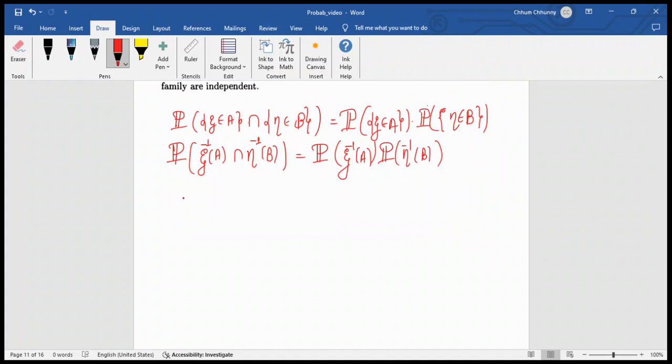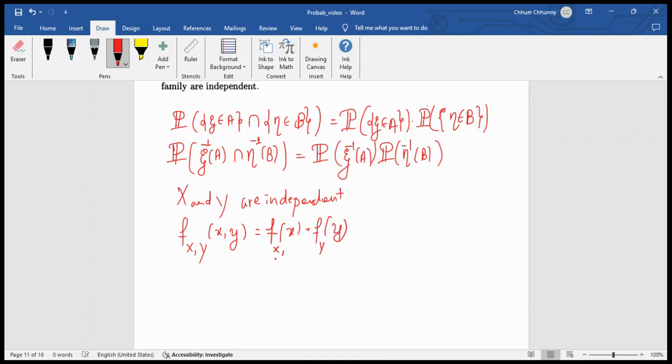Like when we have two random variables x and y that are independent, the joint density function of x and y is equal to the density function of the random variable x multiplied with the density function of the random variable y.